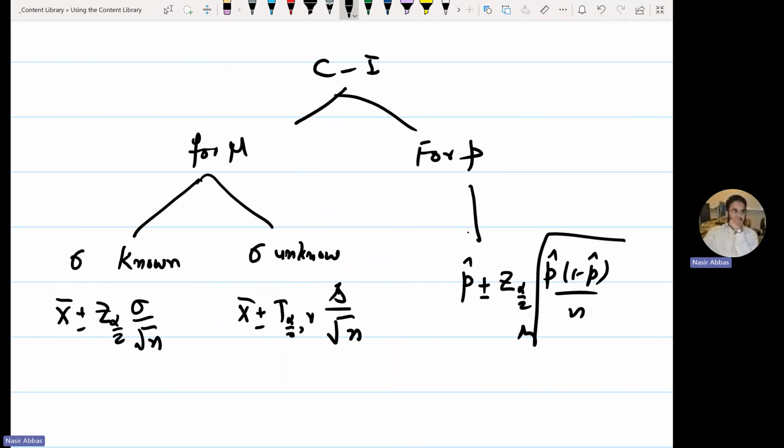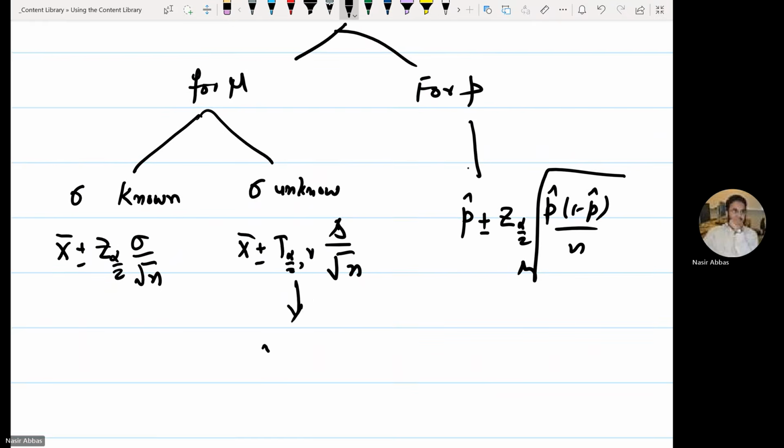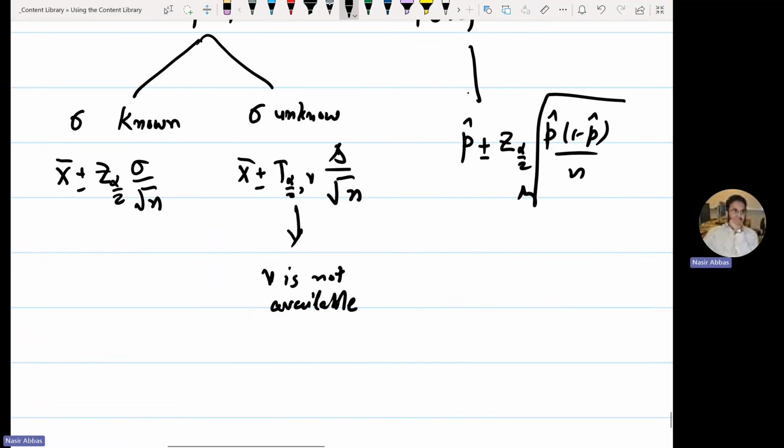If it is not given and the degree of freedom is not available in the T table, then what? Take infinity or go to the Z table. This is the whole chapter 8.